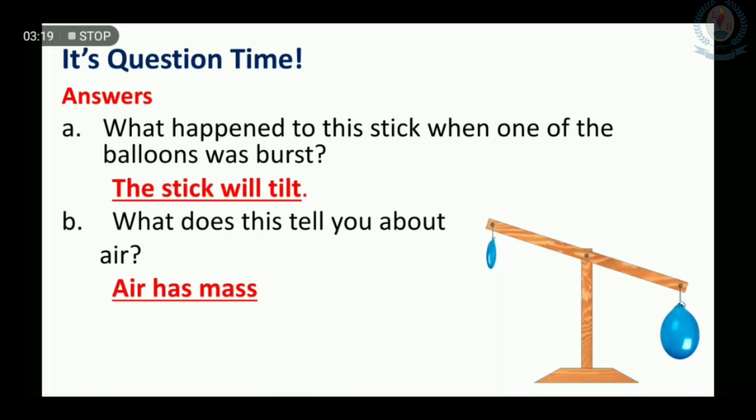Getting slanted. Second question I asked was, what does this tell you about air? It proves that air has what? Yes, mass. Okay, air has mass. Right. Now let's go to the other question.